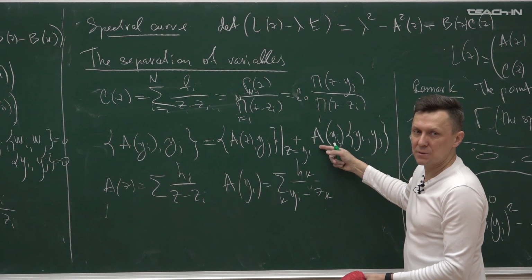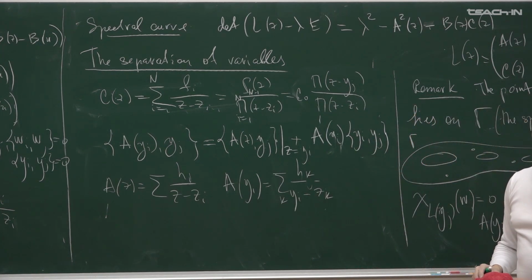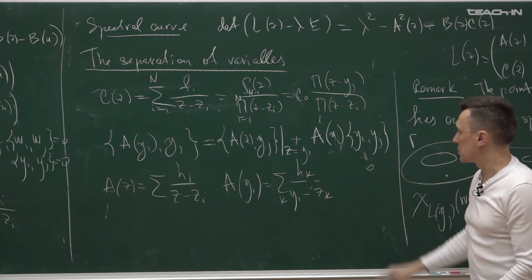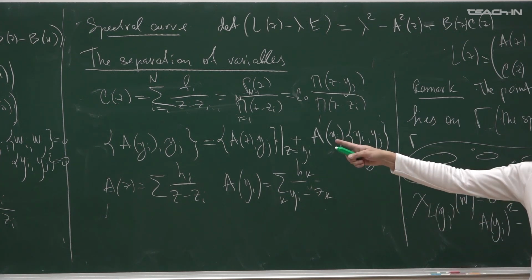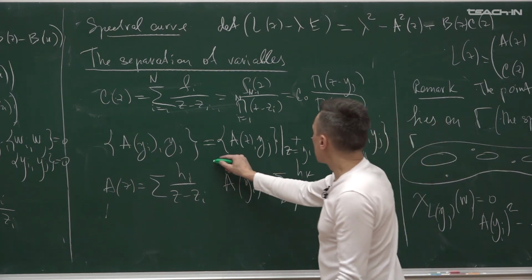So we consider the derivative with respect to this variable and then calculate the Poisson bracket. But we know that this is 0. That's why it is just this formula.